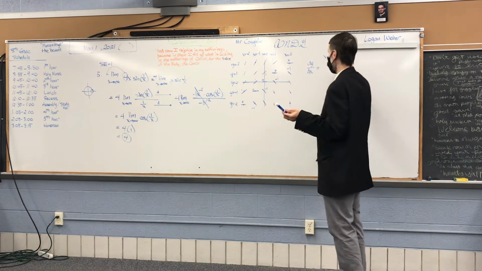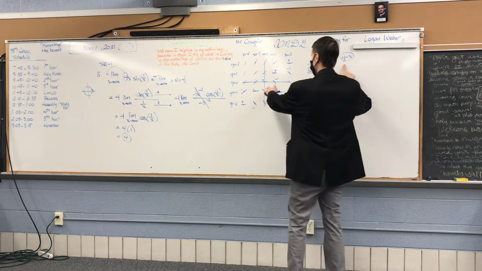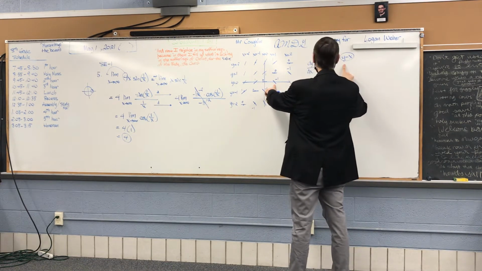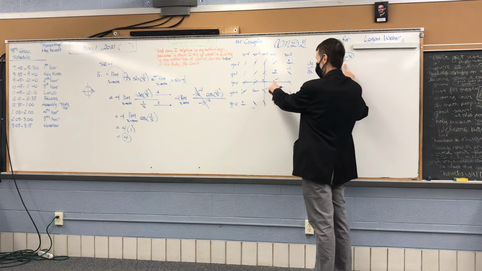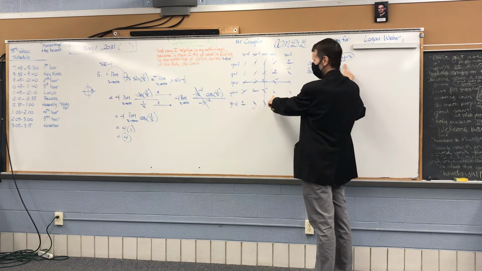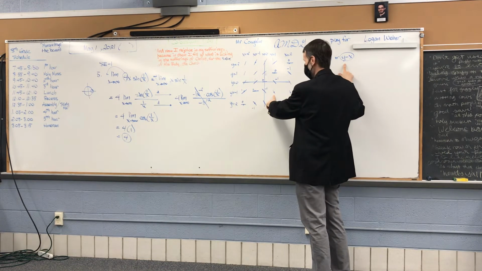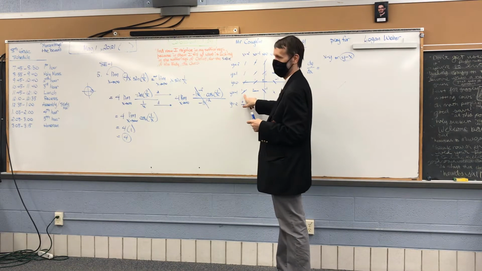Does this formula work for everything? Let's double check. Here, y minus x, what's 0 minus 1? That seems to match. What's -1 minus 1? -2. Does that look realistic? Yeah. Try here. This is going to be horrible, sorry.